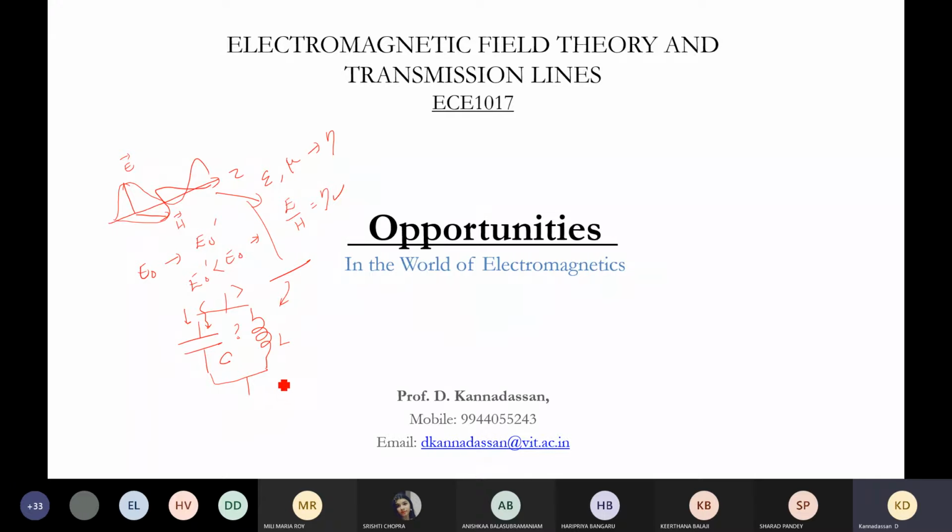This LC parallel circuit is storing electric field and magnetic field, and at one particular frequency, they will have equal magnitude. So the energy stored by the capacitor as an electric field and the energy stored in the inductance as a magnetic field will be equal, and that is what we call resonance.